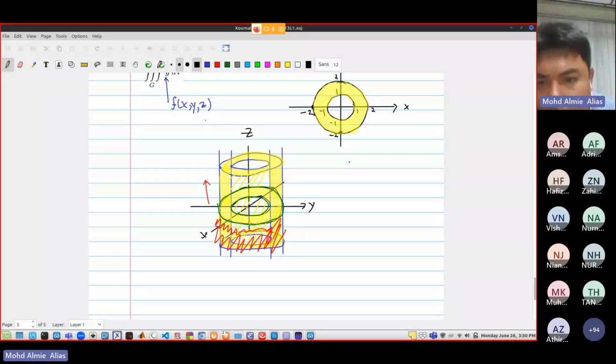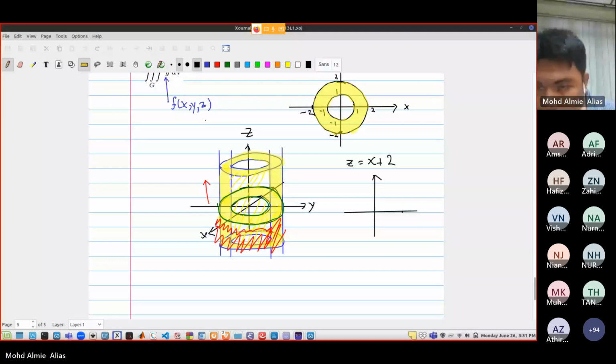So now you have z equals x plus 2. This is the positive x direction, this is the positive z direction, this is the positive y direction. So if you consider, let's assume that this is z.